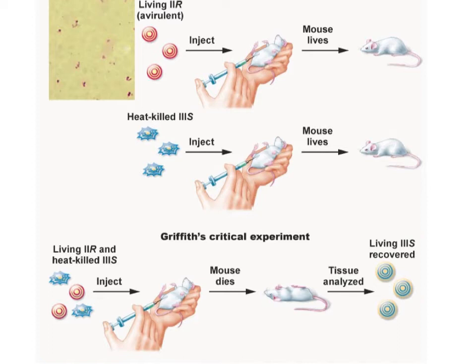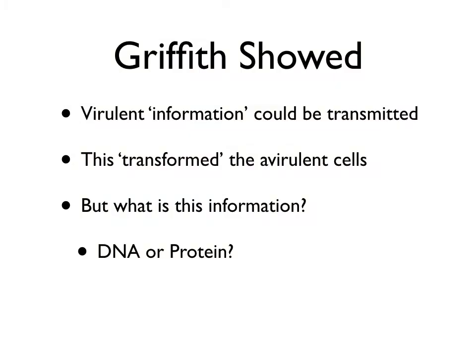But this was a critical observation in our progress towards understanding what genetic material really is. And so what he showed here is that this virulent information could be transmitted from one cell to another, even if one of those cells is dead. That this could result in transformation of these avirulent cells.